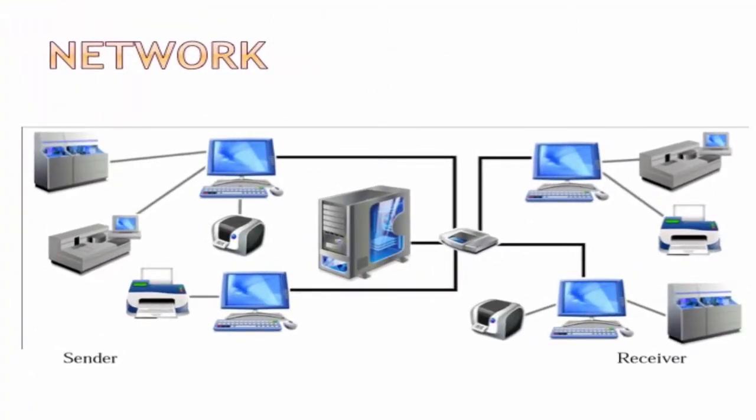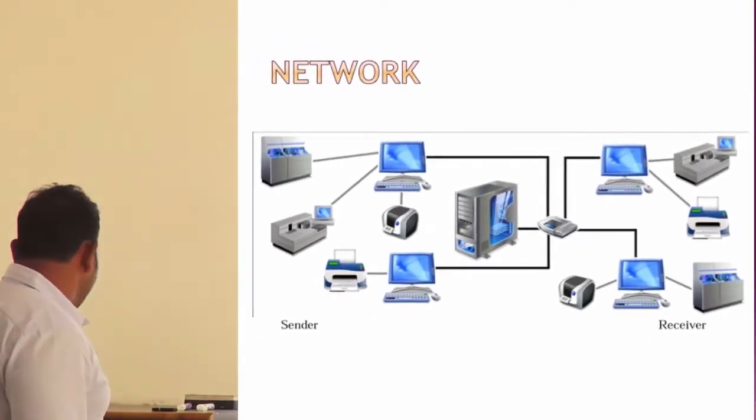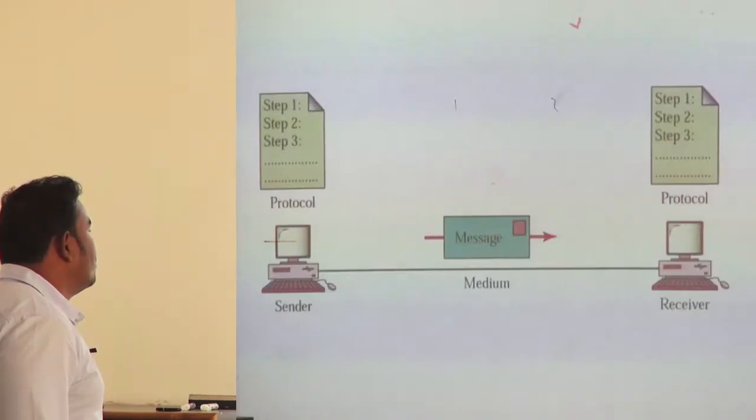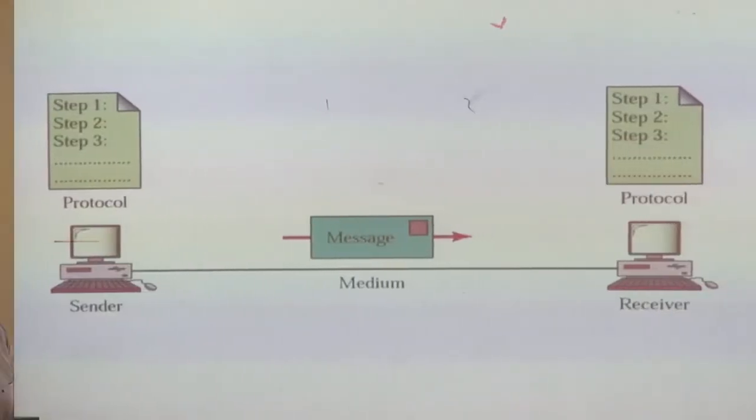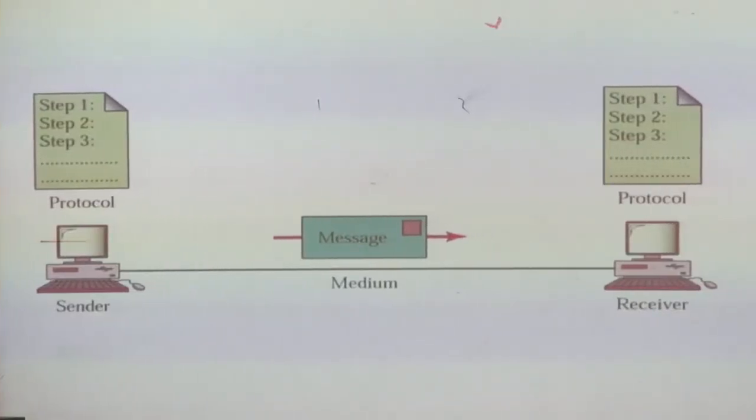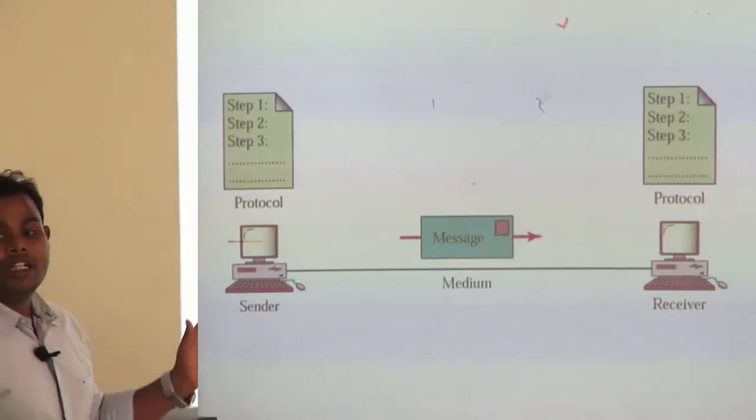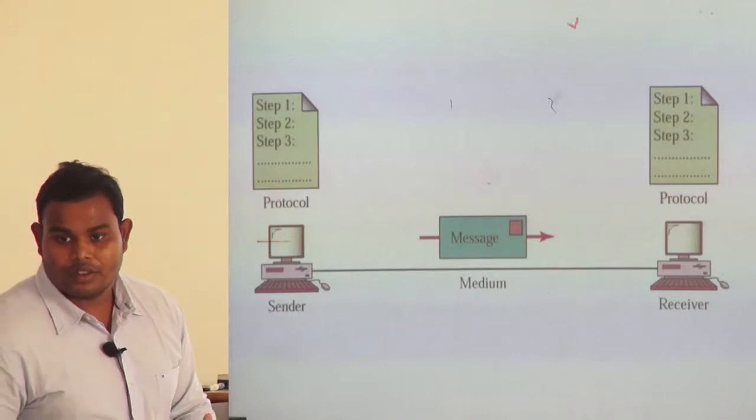This is a network where every type of connection is there: computers, some printers, scanners, and also an intermediate device, a hub, which connects all these devices. If we go deeper into the network, a network can also share data between a sender and a receiver, two devices.